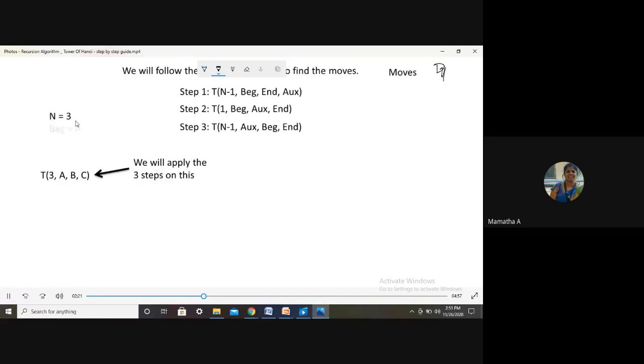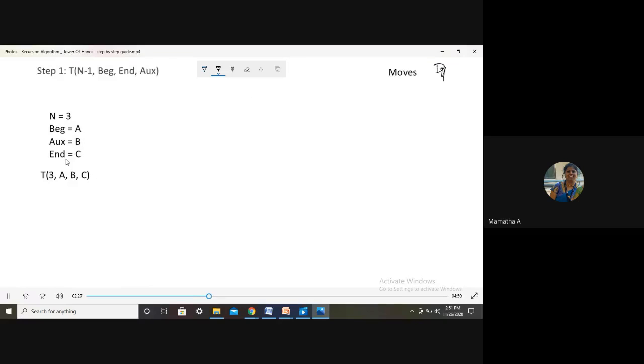T of n is equal to 3, beg is A, aux is B, and end is C for me here. Right? So for step 1, we get T of 2, A, comma, C, comma, B. So what does it mean? Move top 2 disks from A to B using C. You should remember the towers, how we are writing it.